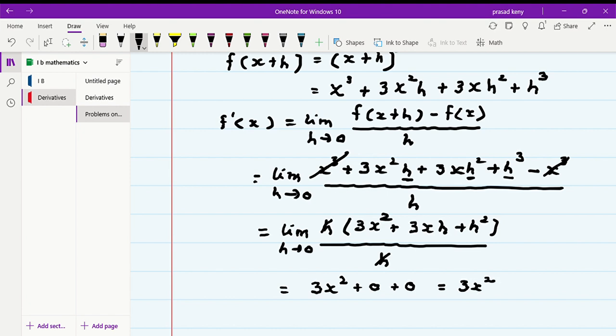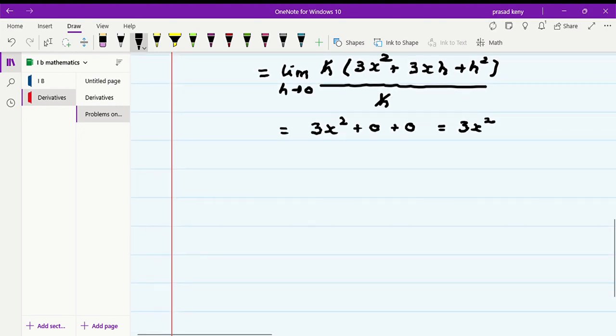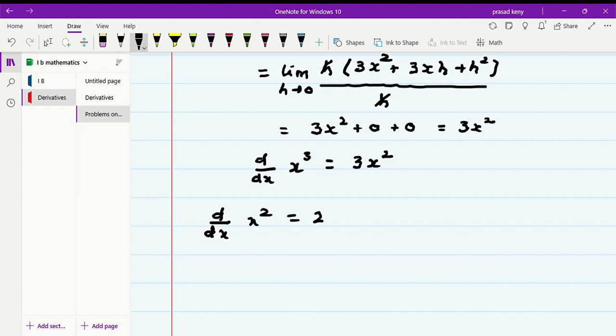That means I can say the derivative of x cube is 3x square. So now here one thing you can see: derivative of x square is 2x, that is 2x to power 1.